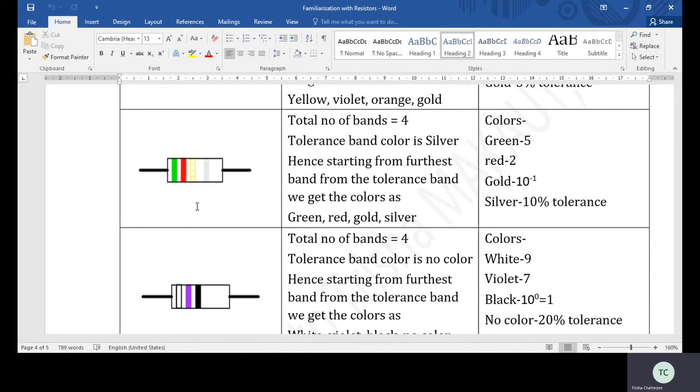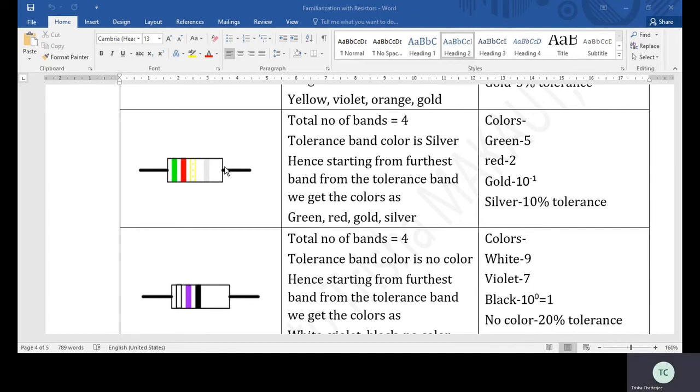So the explanation is, if we find any band which is a little bit distant from the end, that band is considered as our tolerance band. As I said earlier, the tolerance band is a little bit distant from the other bands, right? So that band is considered as our tolerance band.